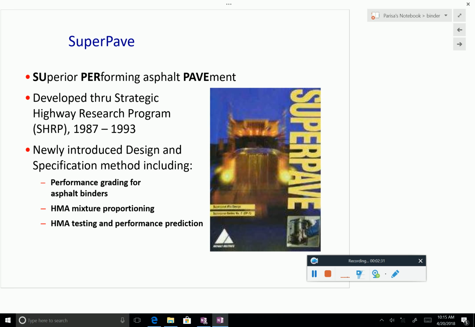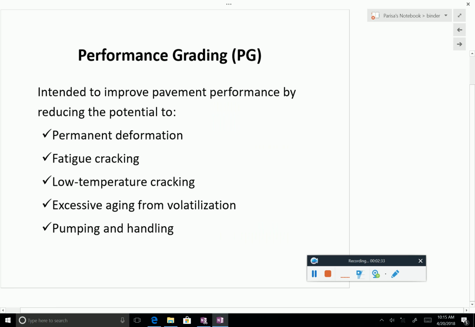Okay, great. So we are in a good place to go ahead with this. So what you want to design is to prevent fatigue cracking, low temperature cracking, excessive aging. We talked about aging last time too. Do you remember what aging means for asphalt? What happens over time? Becomes more brittle because what material property is changing dominantly?